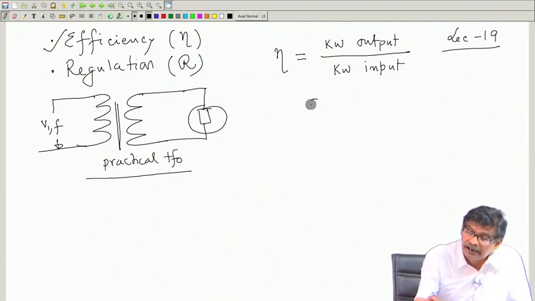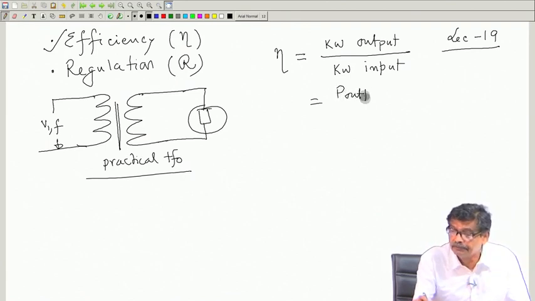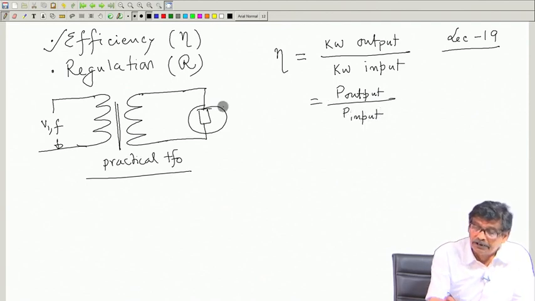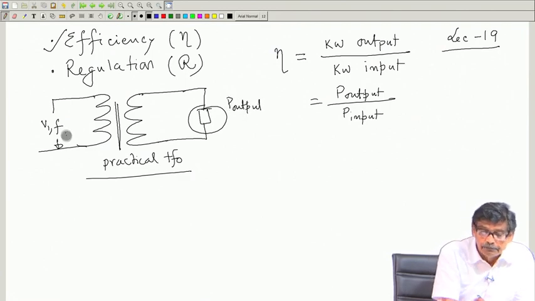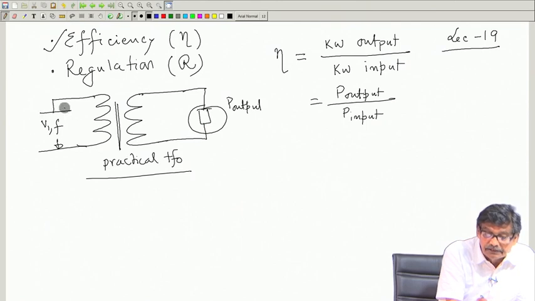Output power. So, I write it P output, P real power, no reactive power, P output by P input. What is P output? P output is here. What is P input? P input is here from the supply. This is the overall efficiency of the transformer.